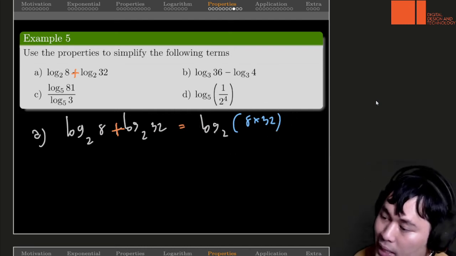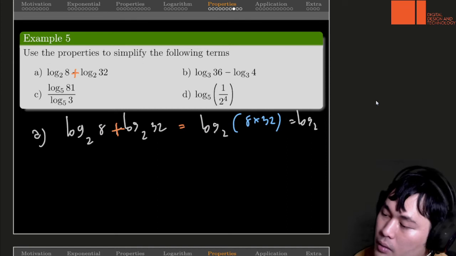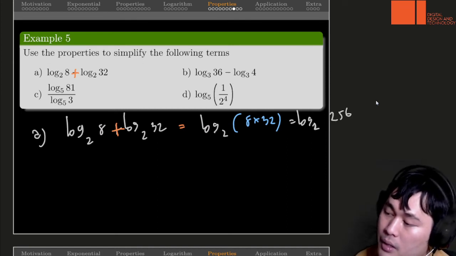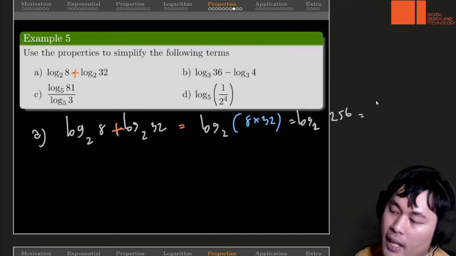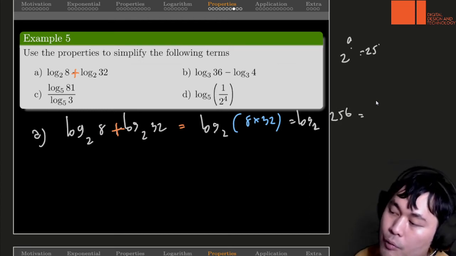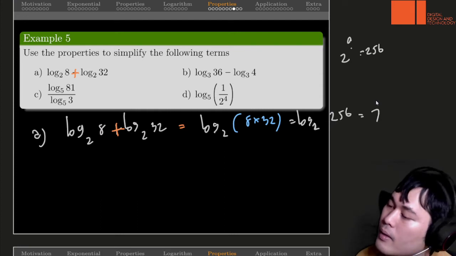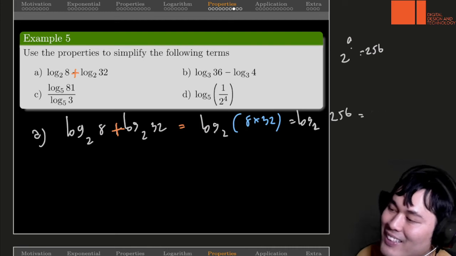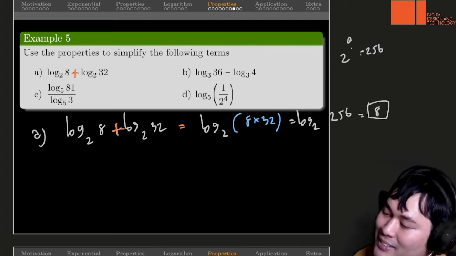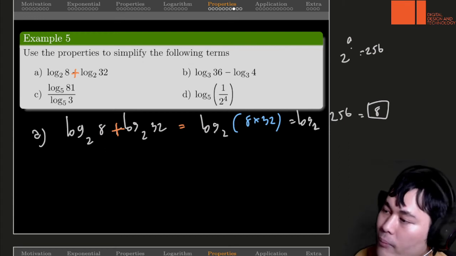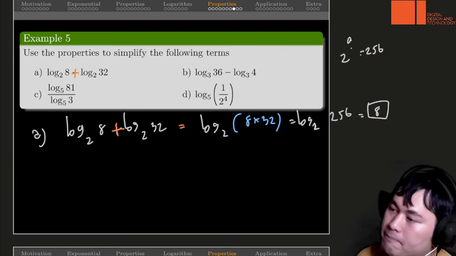So we get that, and now we can reduce that to a single log. That's 256. Then you find 2 to the power of what gives you 256. The answer is 7. Actually 8, sorry. So the answer is 8, using the plus to combine them.